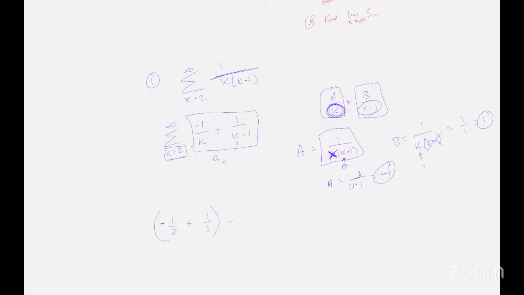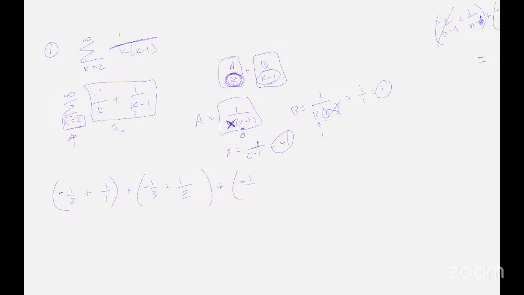Now I'm plugging in 3. So -1/3 plus 1 over 3 minus 1, which is 2. Keep doing that until we see a pattern. -1 over 4 plus 1 over 3.